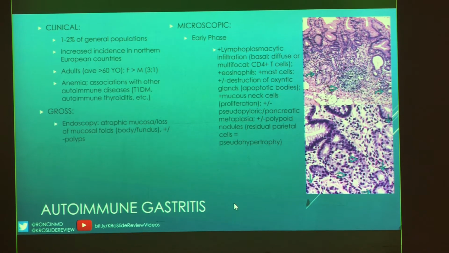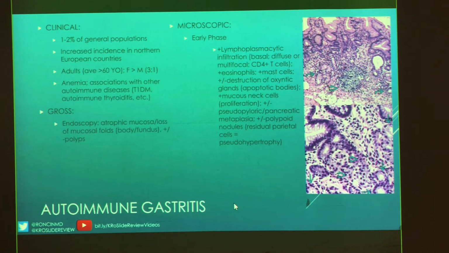So 1 to 2% of the general population, and increased incidence in Northern European, so Caucasian individuals. This tends to be adults greater than 60 years old, and again, females more than males. The lesions we've seen today that occur in females more than males are autoimmune gastritis, because autoimmune disorders are more common in women, but also that granular cell tumor in the esophagus.